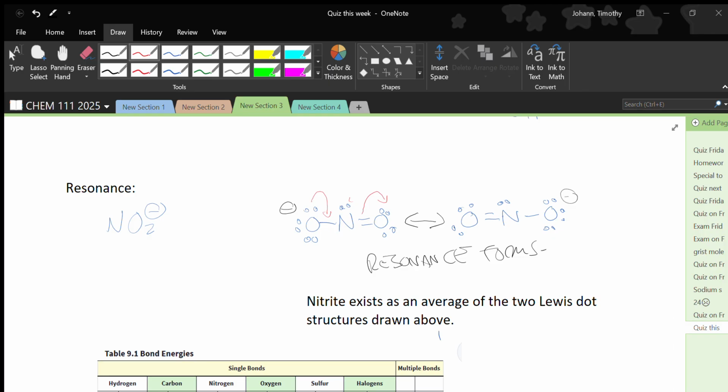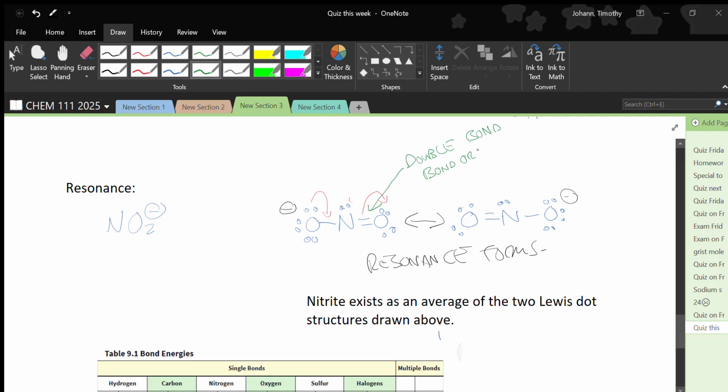How do we know this is a real thing? Well, there's a concept here you're going to need for, I think it's the lab after fall break. So this is a double bond, right? We can talk about that as bond order. There's this term called bond order.